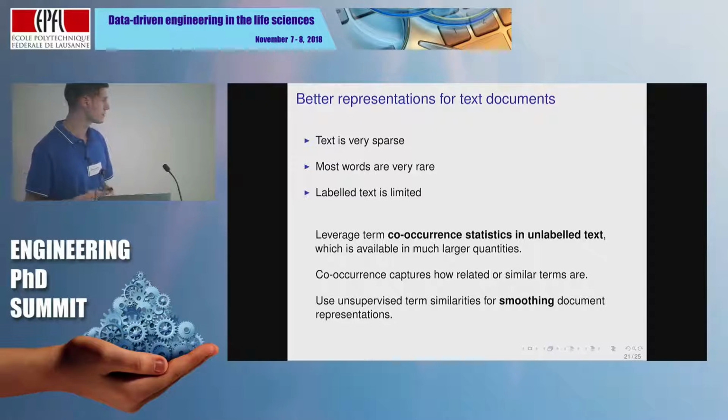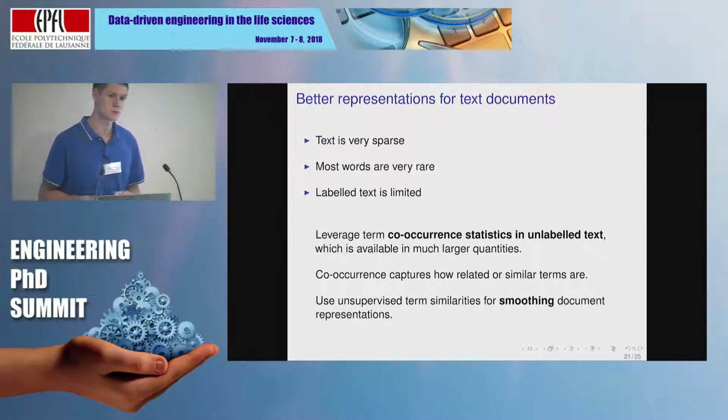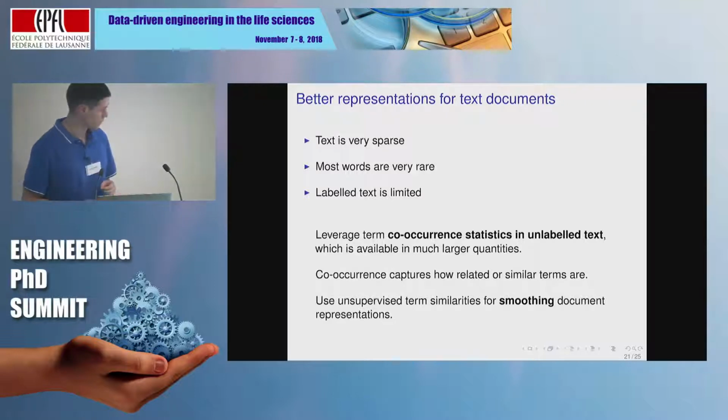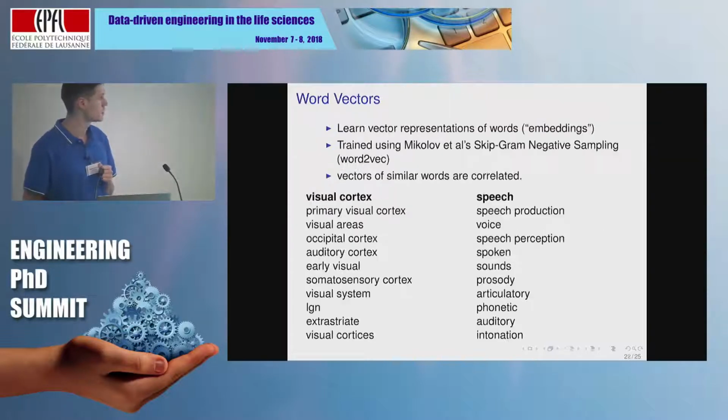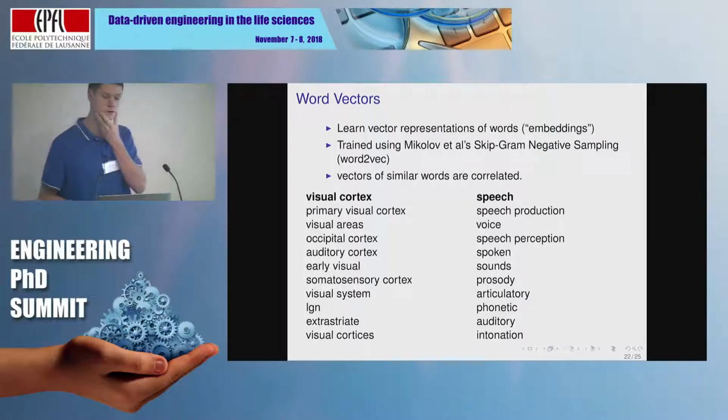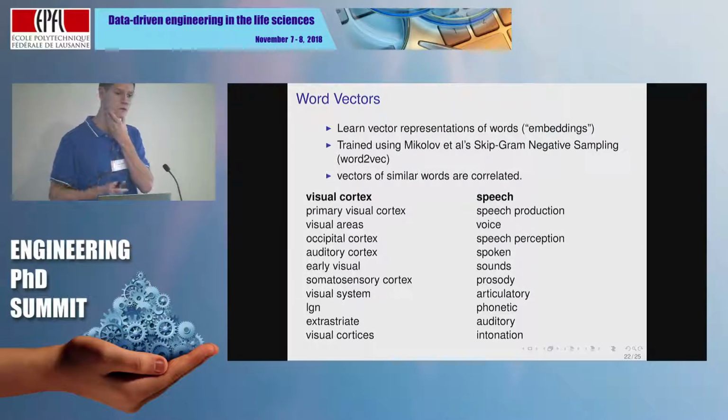With this semi-supervised approach, we can reduce the sample complexity of learning mappings from text to brain regions. And it is well known that similar terms tend to occur in the same context and tend to occur together. So there is a lot of literature on learning good vector representations for words that capture their relationships.